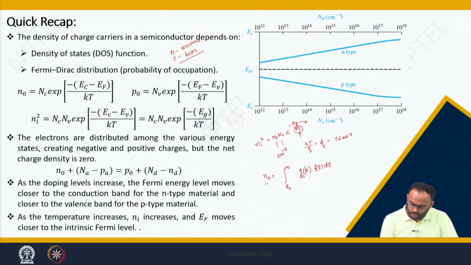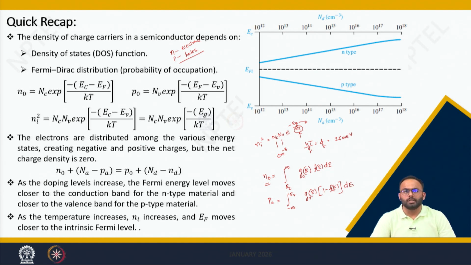This will give me the total number of electrons in the conduction band, and the total number of holes in the valence band can be extracted as minus infinity to Ev, g(E) into 1 minus f(E), where 1 minus f(E) tells me the total number of available states which are not occupied by the electrons.